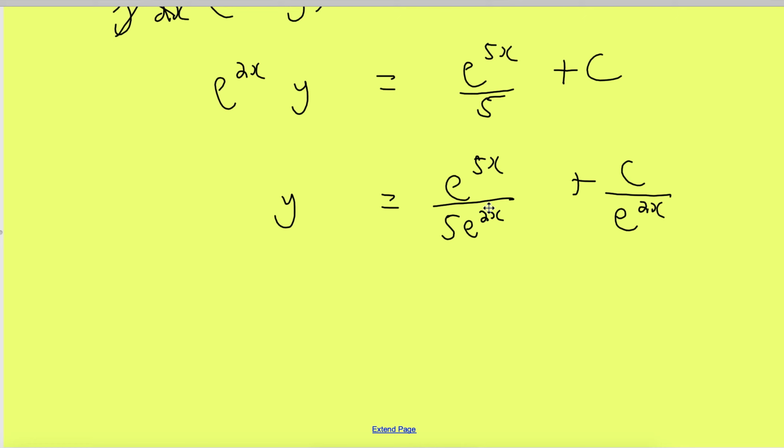Right, so that's me basically finished, but I can simplify those. I'm dividing two bases that are the same, so that means I subtract the powers. So that gives me e to the power of 3x over 5 plus c over e to the power of 2x. Lovely stuff.